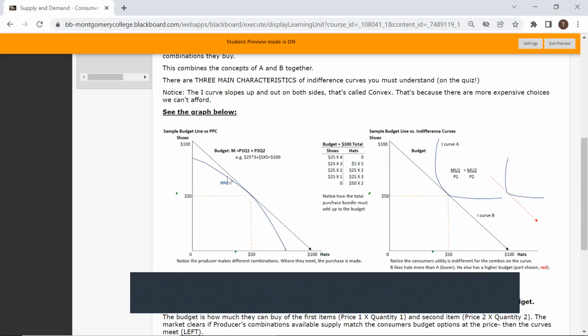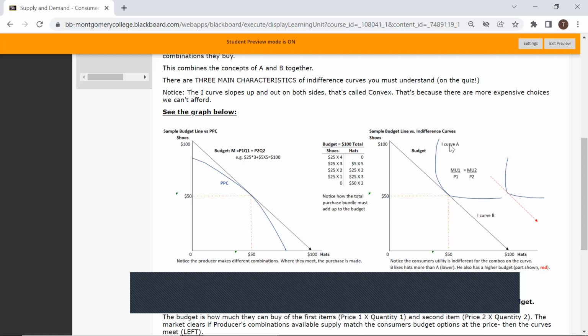You remember the PPC curve is concave. It makes like a little cave shape inside, okay? And a convex is the opposite. And where these two curves meet, this is how useful you find things. And this is how much is offered to you, the PPC curve.